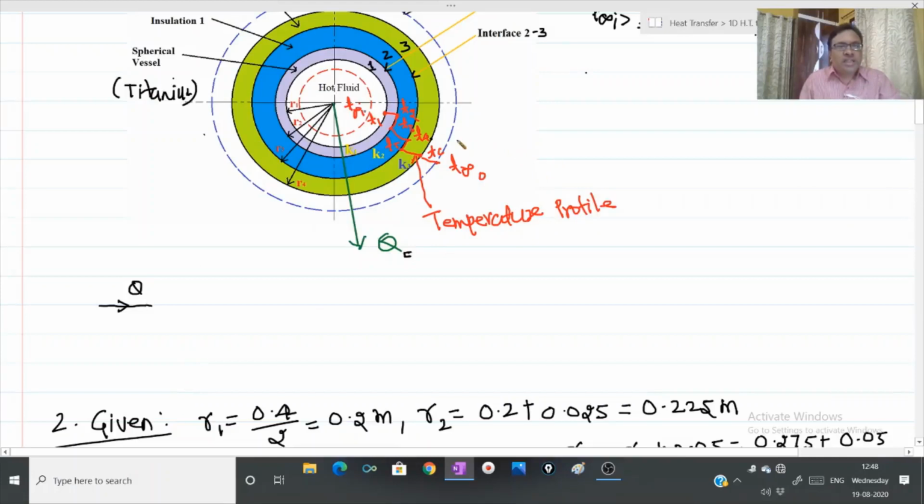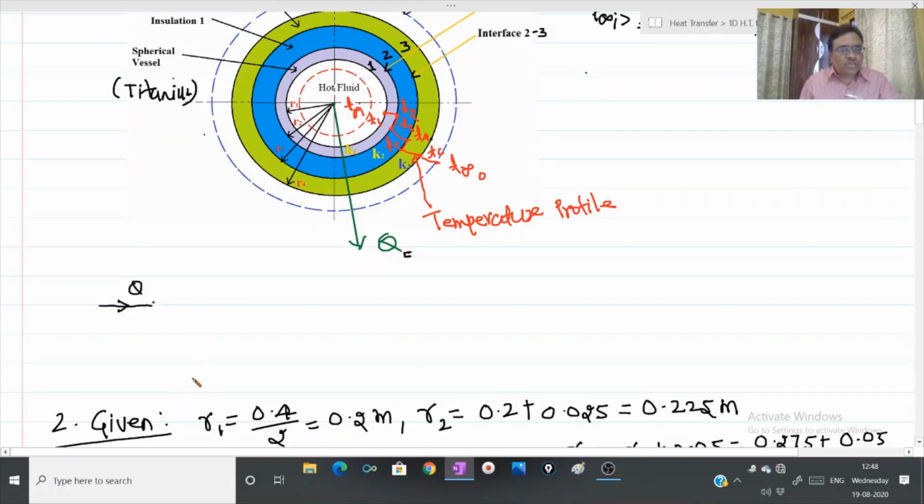As nothing is mentioned regarding the convective heat transfer coefficient of hot fluid, it is not going to offer any convective thermal resistance. So there will be no temperature drop from T infinity I to T1. But since spherical vessel material is having finite thermal conductivity, it will offer conductive thermal resistance and temperature will drop.